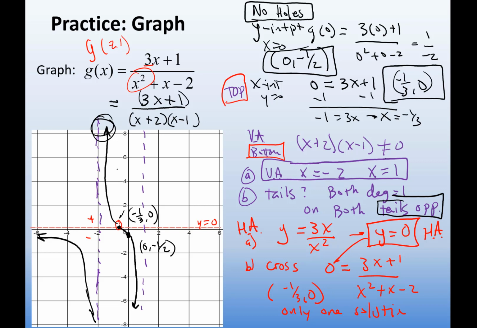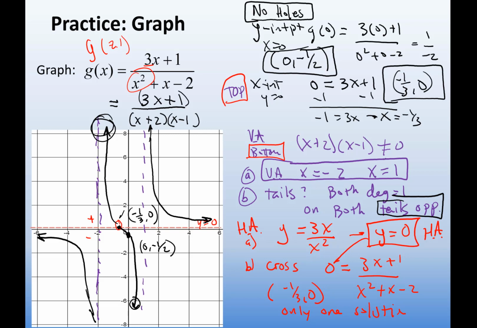Now, when I figured out this middle branch had to connect these two dots, then I learned that, oh, this tail goes down, so this tail has to go up. And I can't be crossing again, so I've got to have a branch entirely above the asymptote.